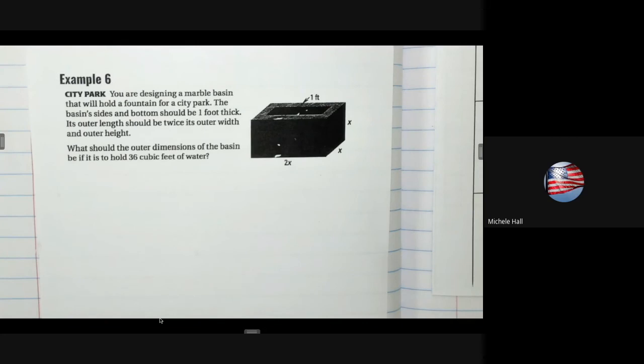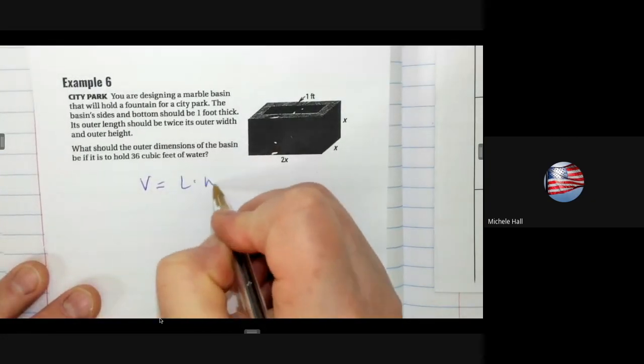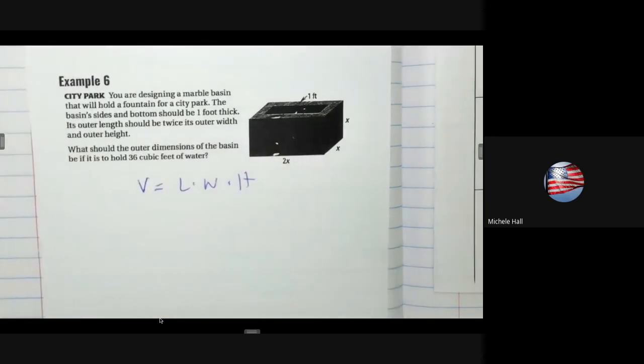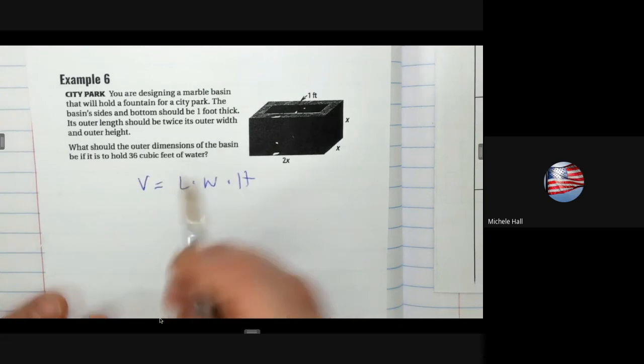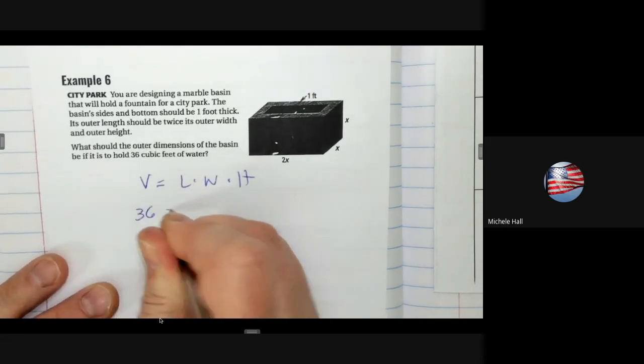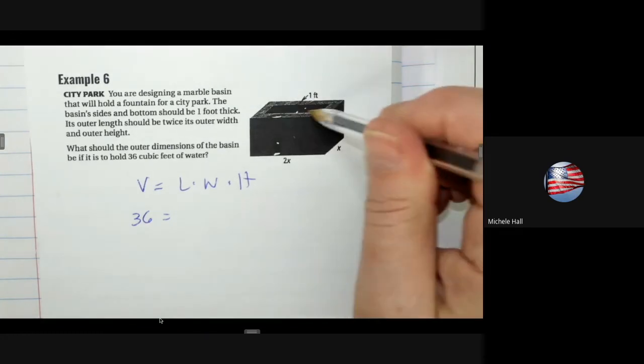Well, this is a 3-dimensional figure. That would be like volume equals length times width times height. So we know that it needs to hold 36 cubic feet of water. And we are multiplying the interior length, the interior will be 2x.